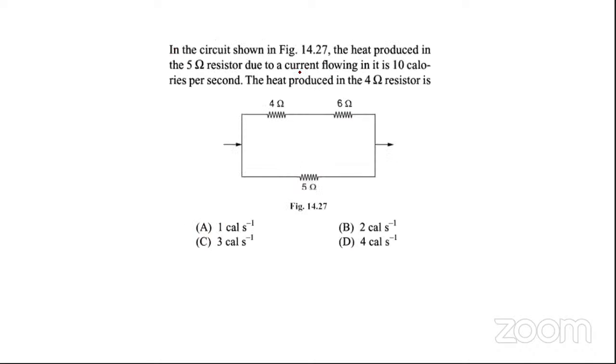In the circuit shown in the figure, the heat produced in the 5 ohms resistor due to current flowing in it is 10 calories per second.